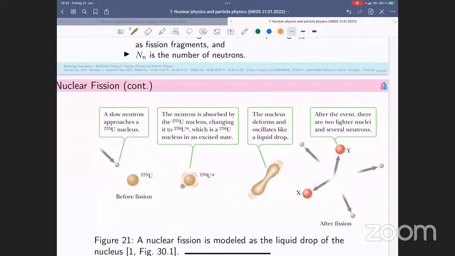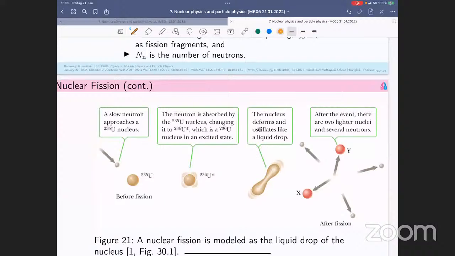Once the vibration gets stronger and stronger, the nucleus deforms itself to become like a liquid drop, or a water drop. Because when there is vibration, the nuclear force may not be able to hold every proton and neutron together anymore. So they are going to try to leave each other. If you are close to this group, you go with this group; if you are close to that one, you may go to that group. That's how protons and neutrons make a decision.